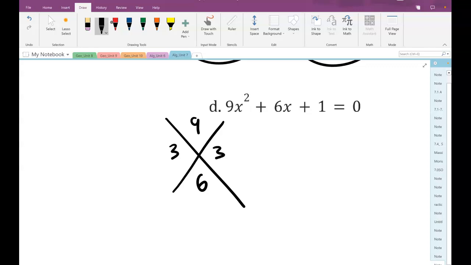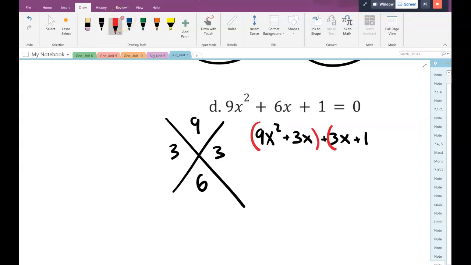And there's 2 ways you could do this. You could do the long way, where you split your middle term and then factor by grouping. So this would be 9x squared plus 3x plus 3x plus 1. You would group and group and go all the way through. I'm not going to show all the steps because hopefully we're comfortable with that at this point.